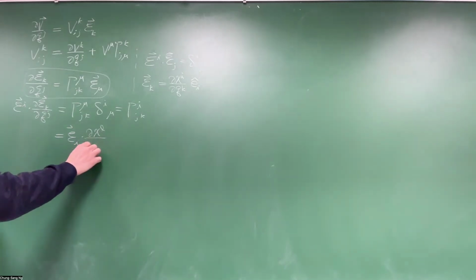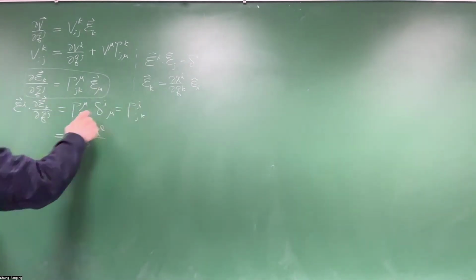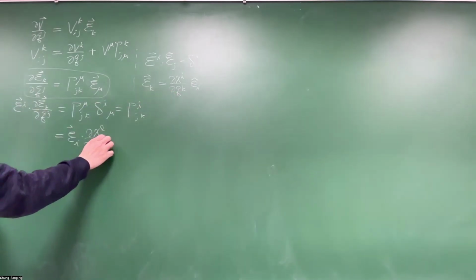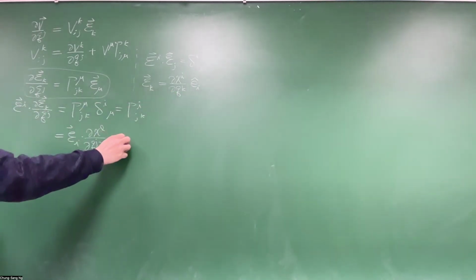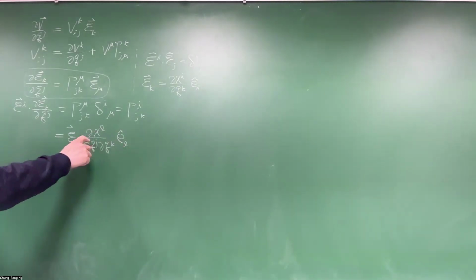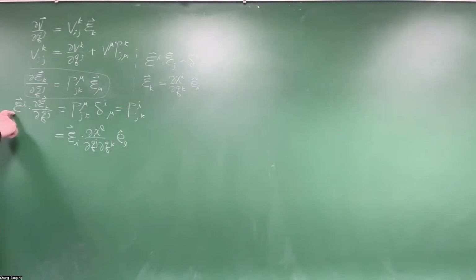Partial q, partial q j is this one. We keep the partial q j and this partial q j here, and then you have e l, something like that. Substitute this with that and take this derivative equals that and dot into this one.